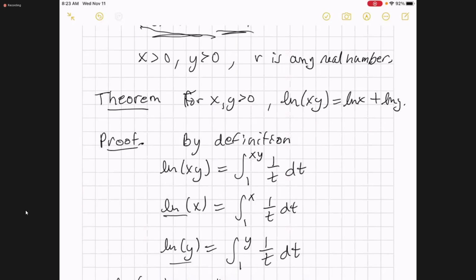Yeah. Well, okay, I want to prove this statement. And to prove this statement, well, what does this mean? A mathematician always goes back to the definitions. So how have I defined the natural log of a number?